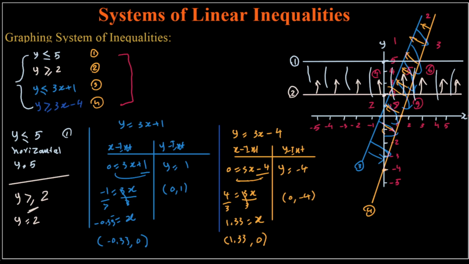If you see in this area, we have all of colors that overlap together. So this part is our solution part. You have to be very careful to find the solution part. If you take one point in this area and put in each one of these inequalities, you will get the correct result. This is how we graph systems of linear inequalities.